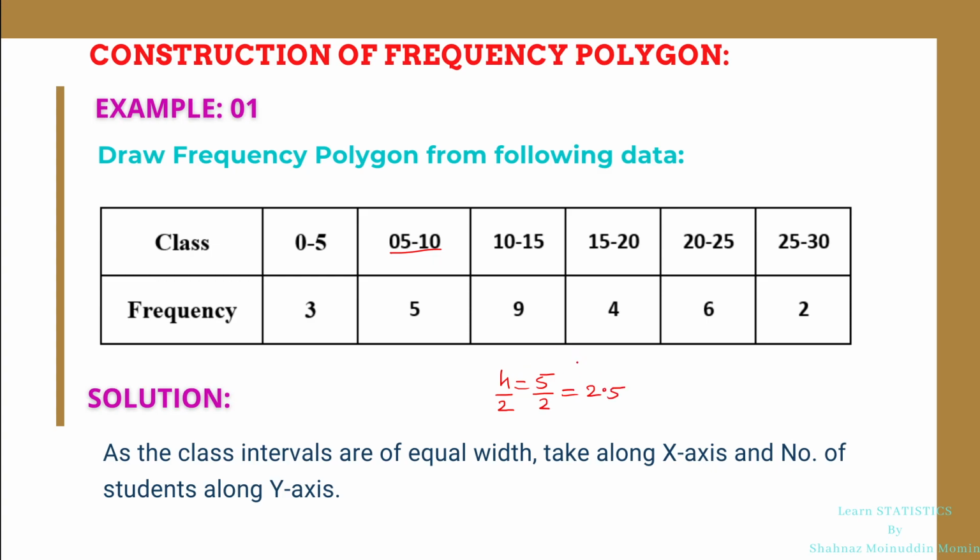So how do we extend? We have to extend 2.5 on both sides of the classes 0 to 5 and 25 to 30.